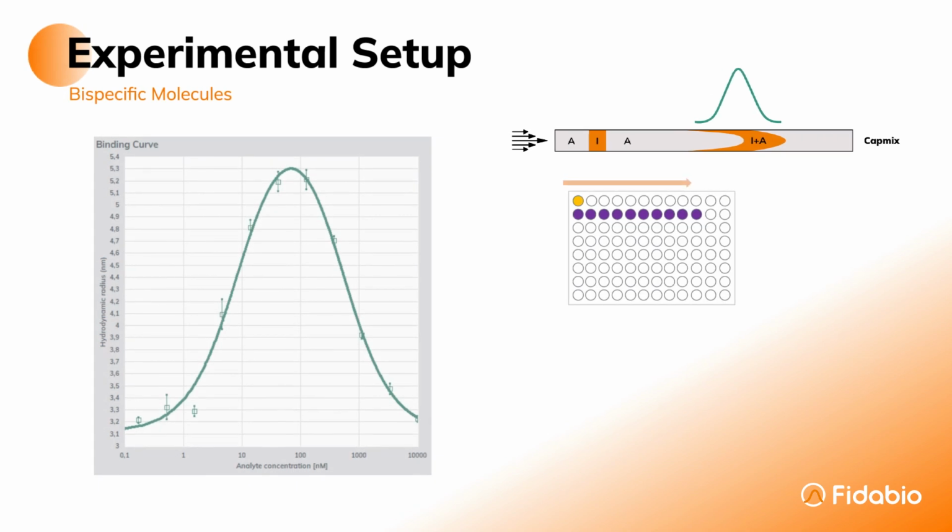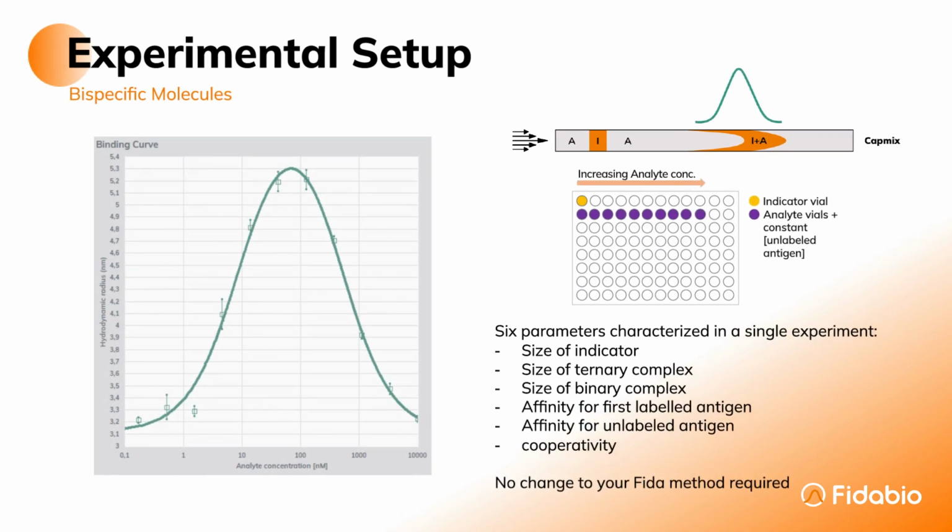To do full characterization of ternary complex formation using bispecific molecules, you need to make a titration of bispecific molecule with a constant concentration of labeled target and excess of unlabeled E3 ligase. This kind of experiment can be performed as a cap mix or a premix experiment.